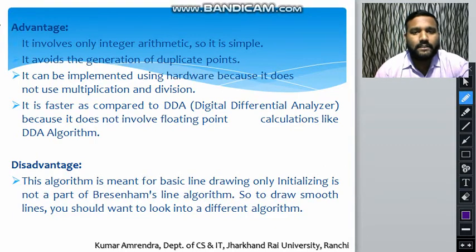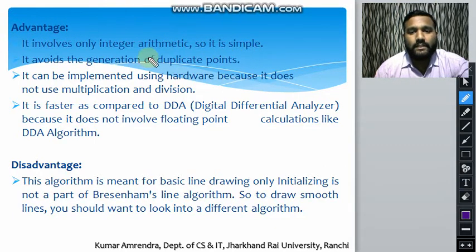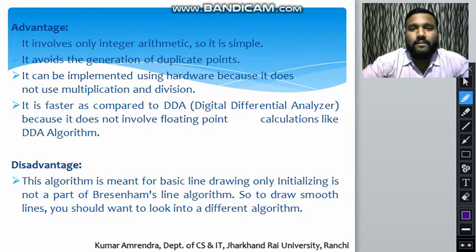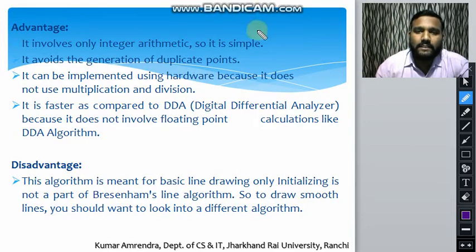So first let us see the advantages. It involves only integer arithmetic, so it is simple. There is no calculation of any floating point or decimal point, so it only involves integer arithmetic, and this results in the simplicity of this algorithm. And it avoids the generation of duplicate points.